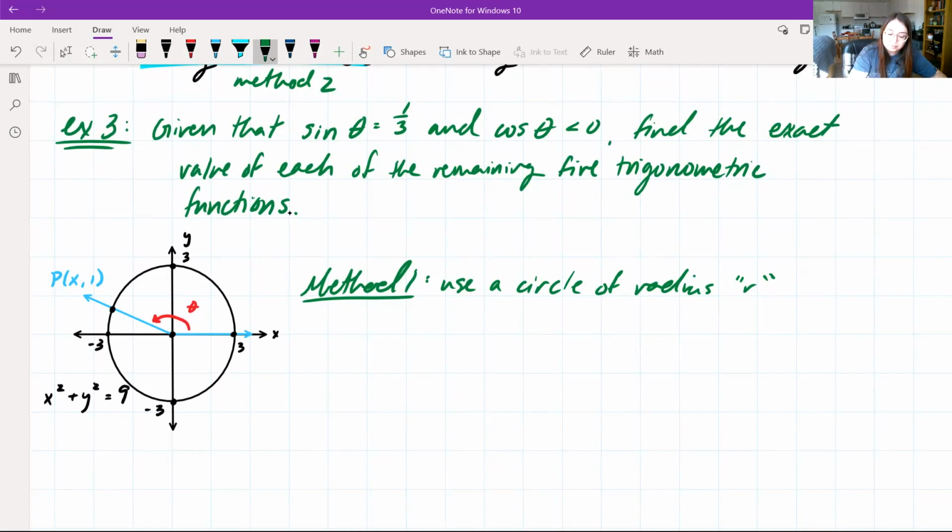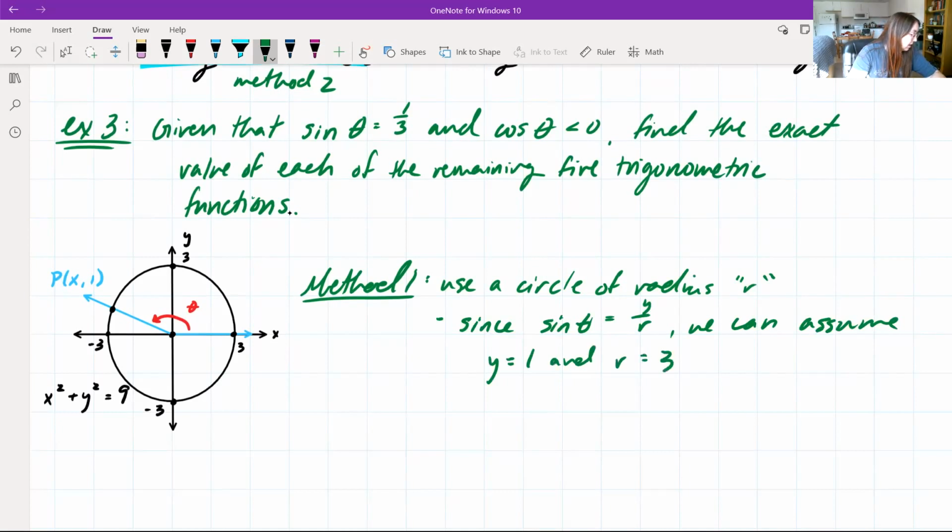So we can say that since sine of theta is equal to y over r, we can assume y is equal to 1 and r is equal to 3.